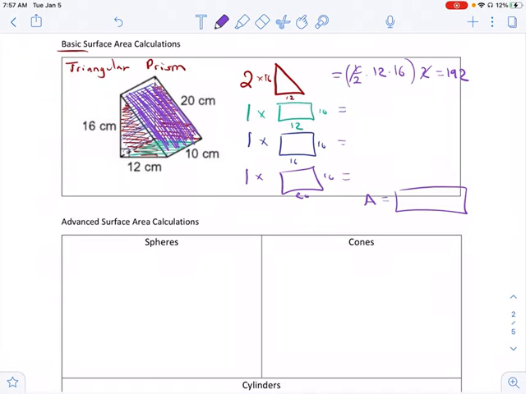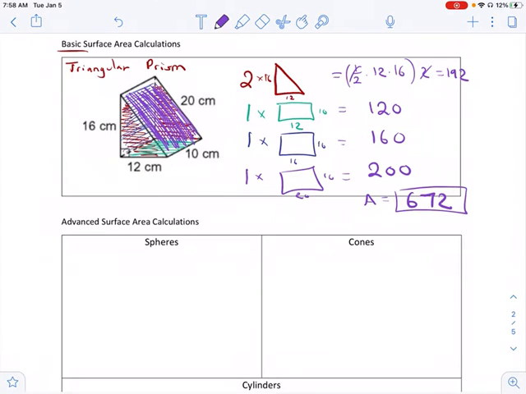Then I have my 12 by 10, so this is 120, 16 by 10, and 20 by 10. I'm just going to be adding all of those up. So 192 plus 120 plus 160 plus 200, 672 is my surface area of this shape.